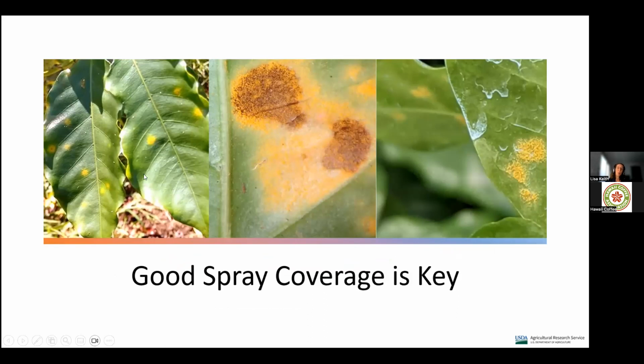On the upper side of the leaf you see spots, and the lower side of the leaf is where you see all of this spore production. When you spray, and in this case it was copper, if you spray the upper surface, essentially it's not getting to where the spores are. The lower surface, believing we can get good control.